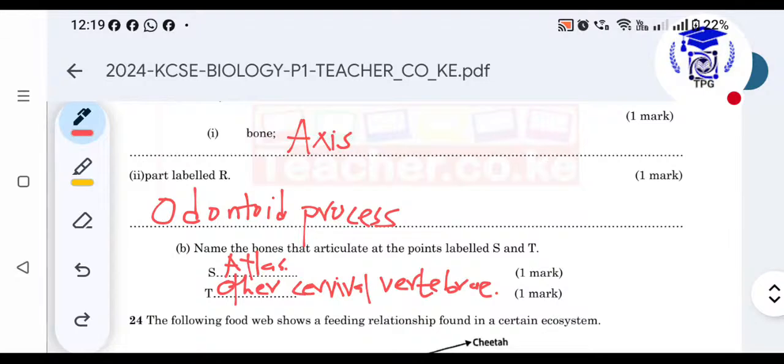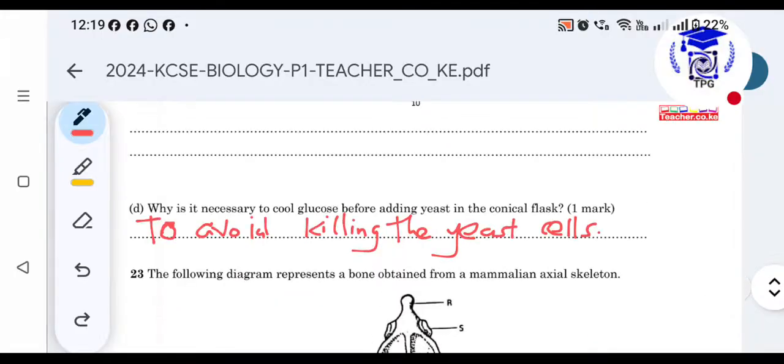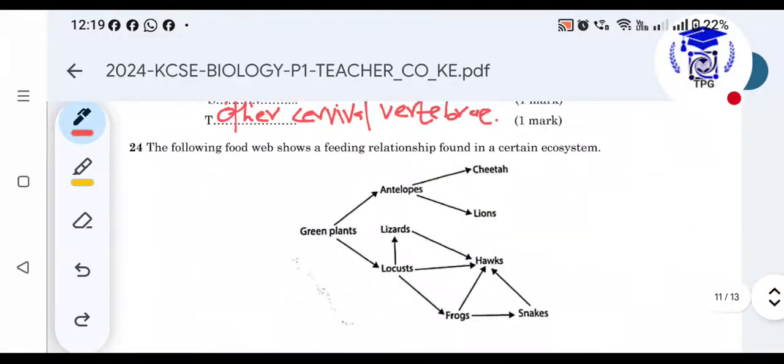Tuende the next question. Number 24, ecology. The following food web shows a feeding relationship formed in a certain ecosystem.